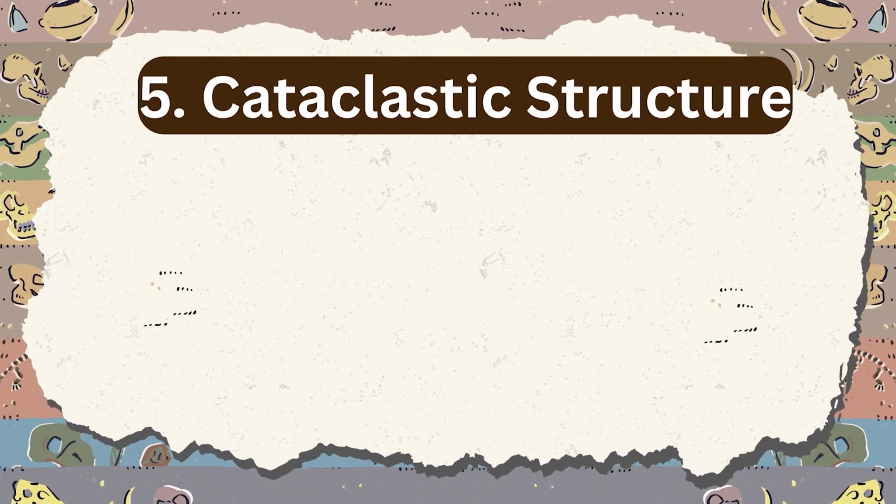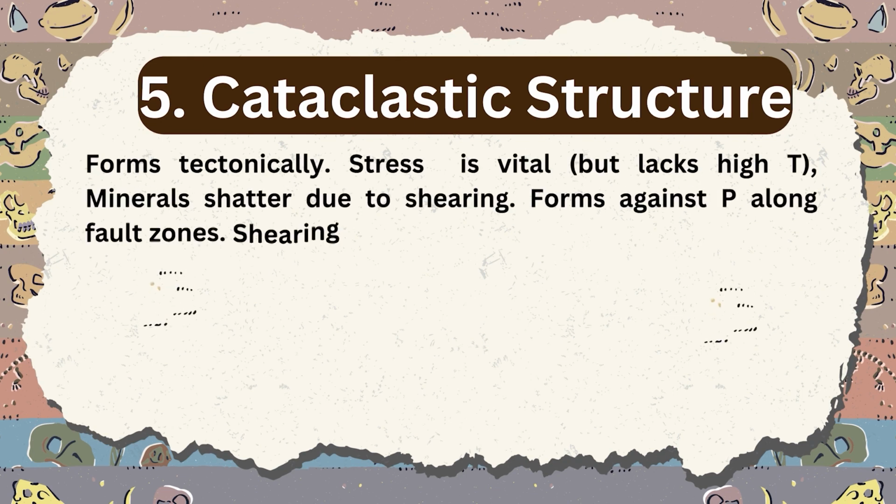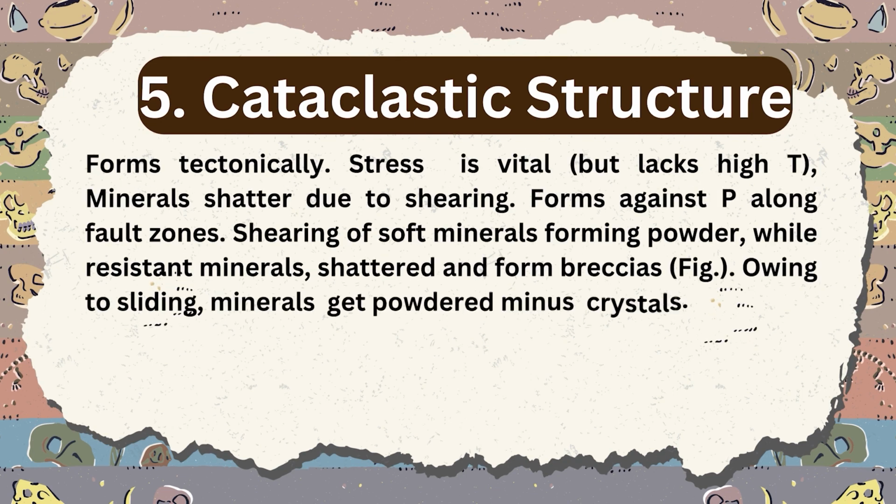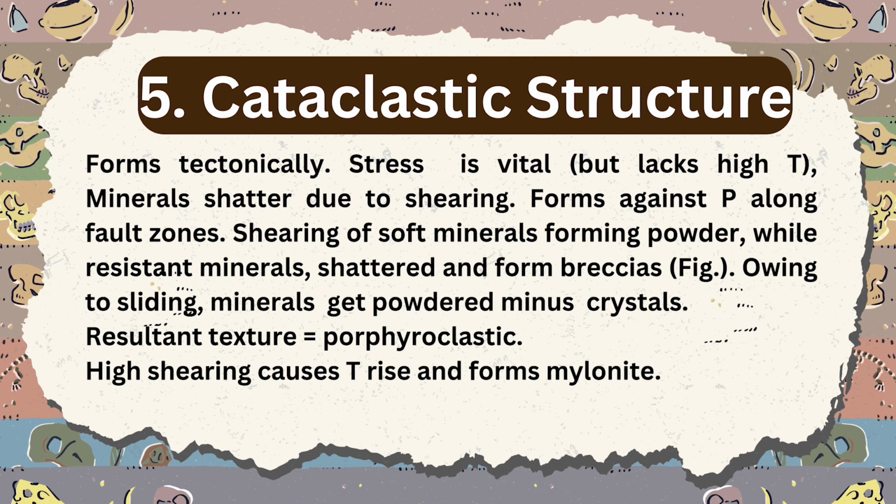Number 5, cataclastic structure, forms tectonically. Stress is the vital force, but it lacks high temperature. The most predominant is the stress. Minerals are shattered due to shearing, forming against pressure along a fault zone.